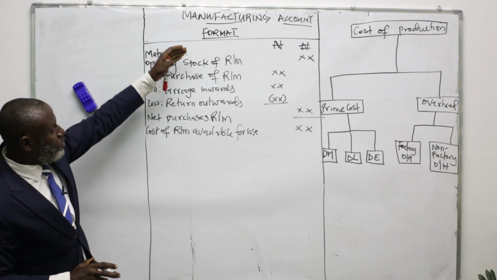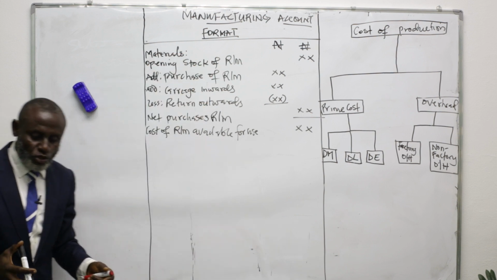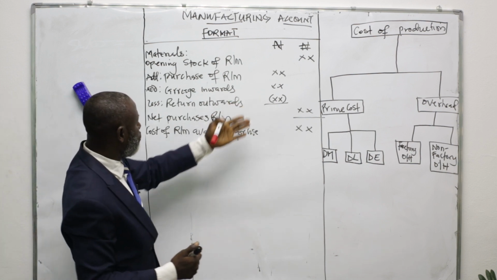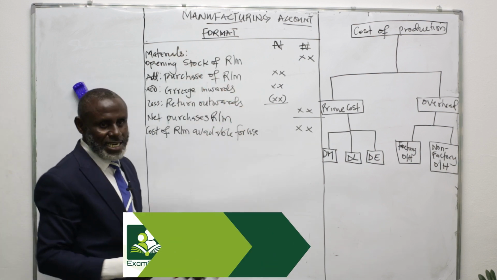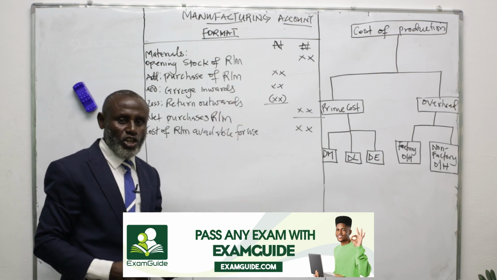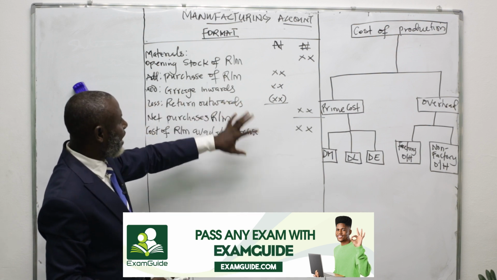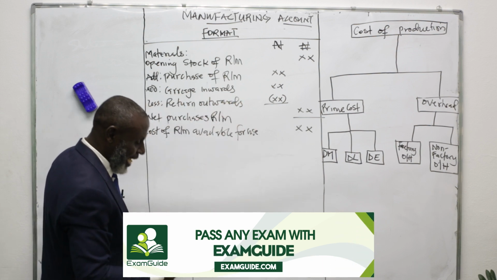Now, this is a computation that you need to master because, like I said before, no examiner is going to give you a direct value for materials or direct materials. They expect you to use your basic knowledge from the conventional trading profit and loss account to compute for direct material.